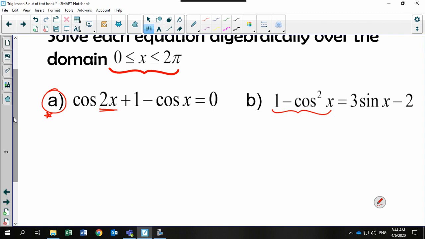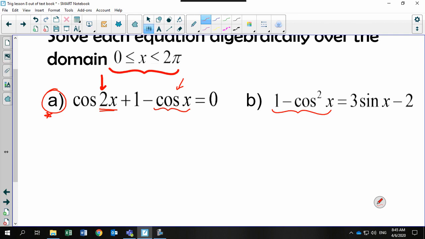Now the tricky part about this one is that on our formula sheets we actually have 3 versions, and we can pick any of the 3 versions, but remember our goal here is to try to write this all in terms of sine or cosine. So if I pick the first one, cos squared minus sine squared, it's not going to get rid of the cos. This is my clue: the fact that I have a cos x and it's linear, it's not squared, I can't replace that with anything.